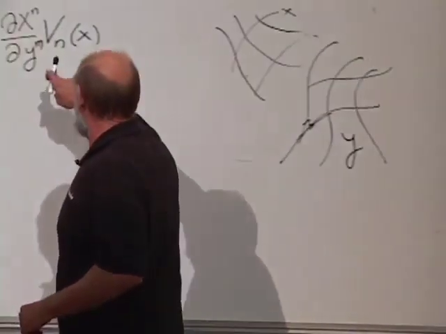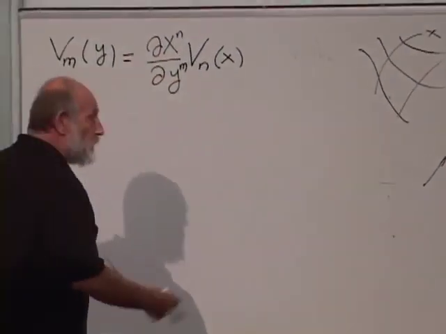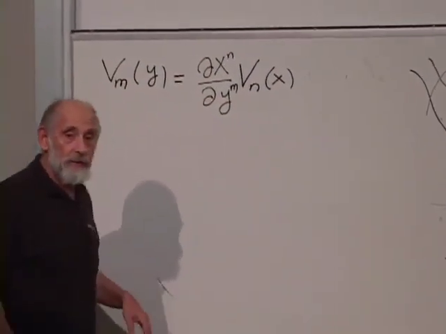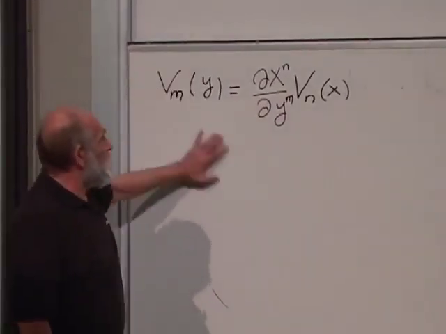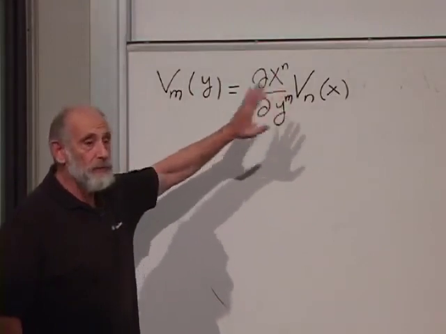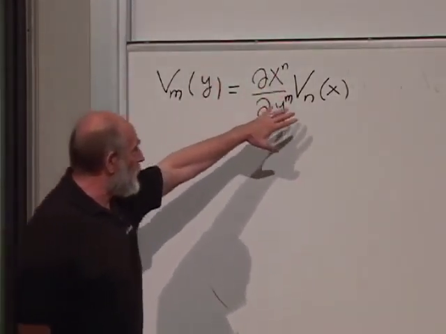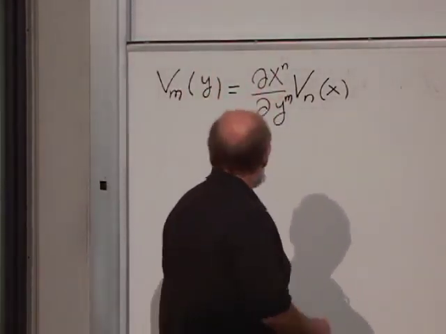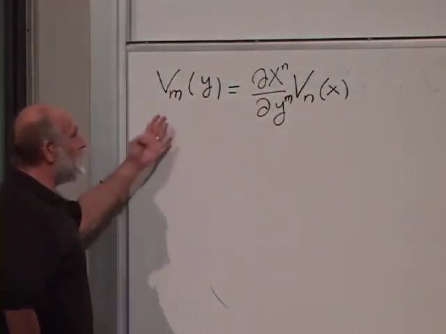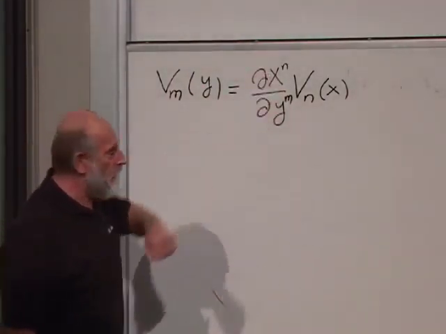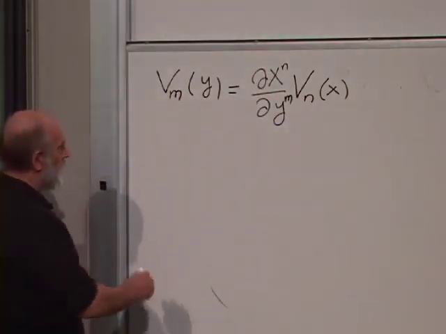All right, so any set of 3 numbers or 4 numbers, depending on the dimensionality of the space, does not constitute a vector. A vector is characterized by its transformation properties. Given it in one coordinate system, how do you get it in the other? Likewise, I'm using V now as the generic term for a vector, not necessarily the same vector.